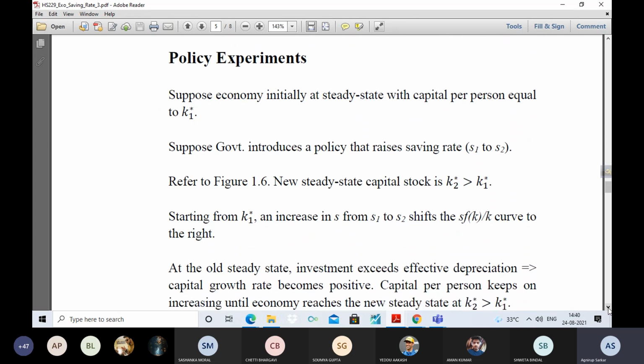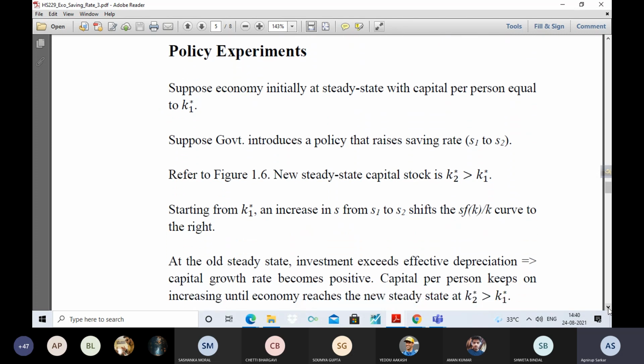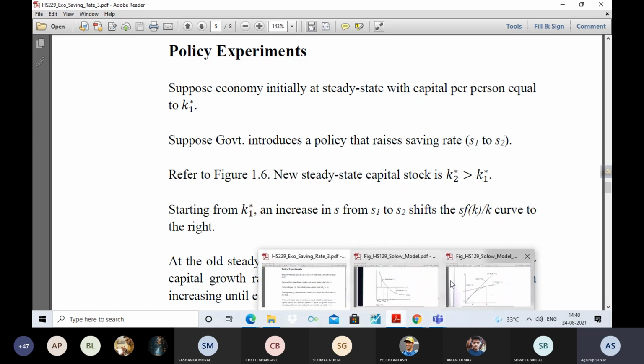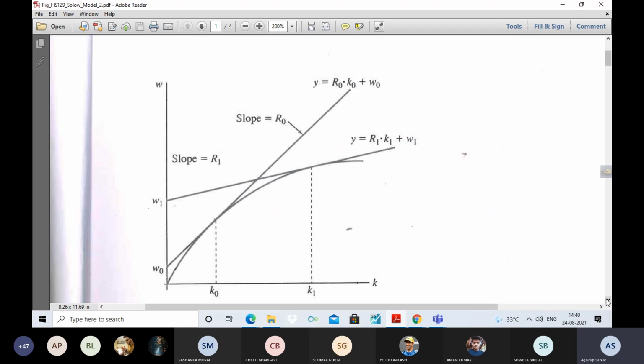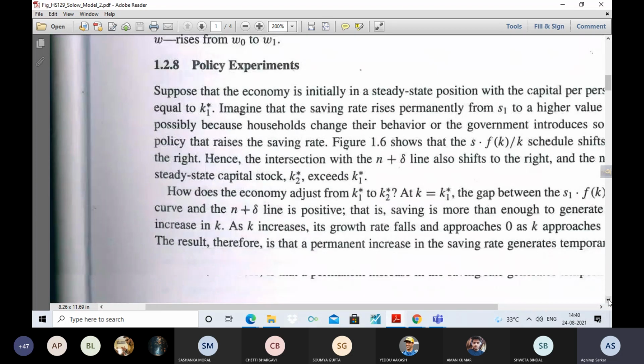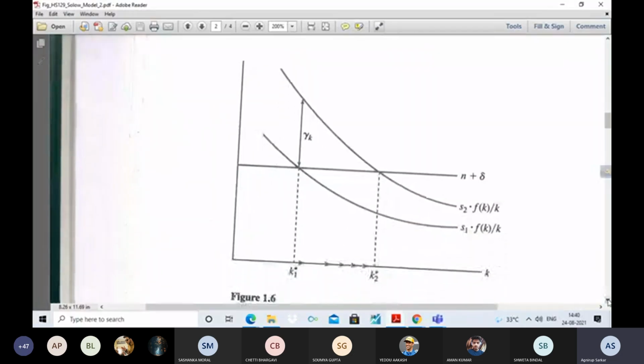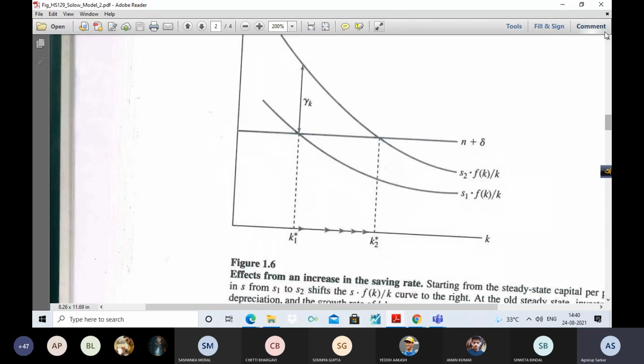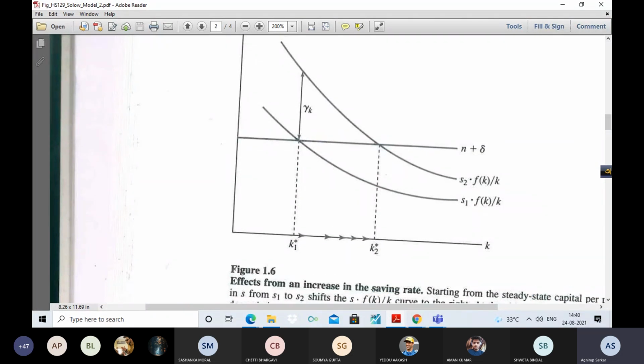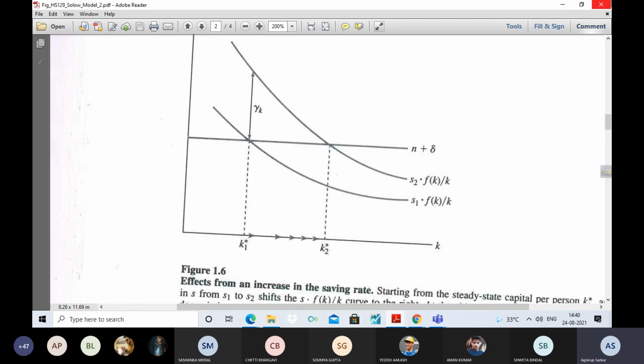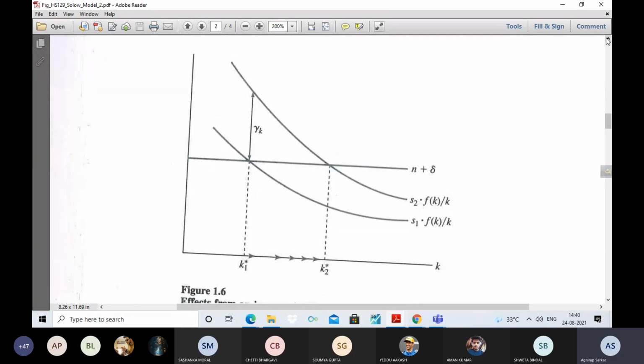Just to give you an idea, let's consider this particular figure, 1.6 in Barro and Sala-i-Martin. What this depicts is our good old-fashioned basic Solow-Swan equation. So we have an n plus delta schedule, and we have an sf(k) by k schedule.